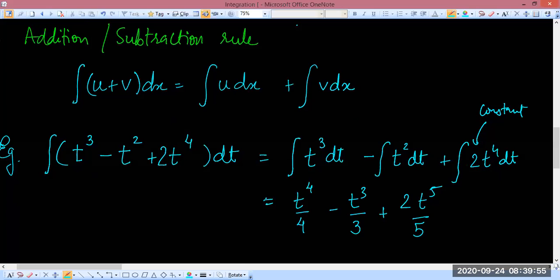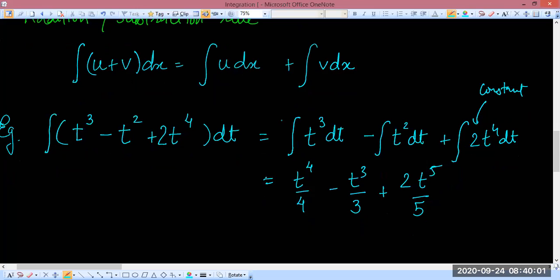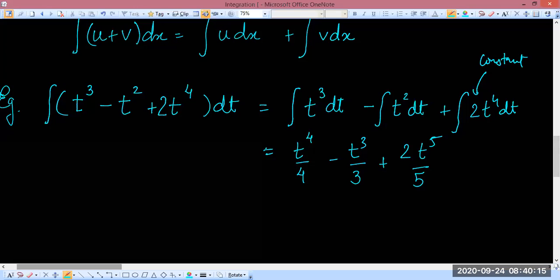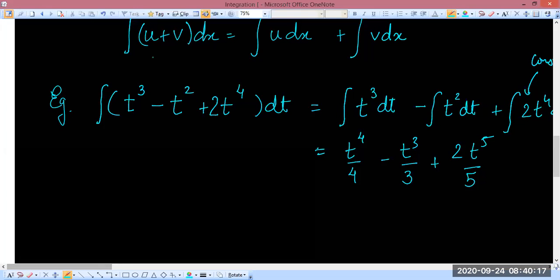You can just write it outside. Sahil, you just have to do it term wise. Separate it term wise. So that's the addition subtraction rule. The same thing holds even if this was subtraction, so you could write either plus or minus.